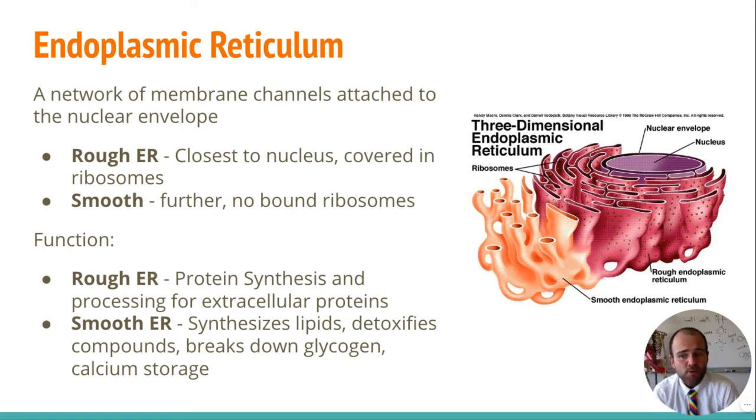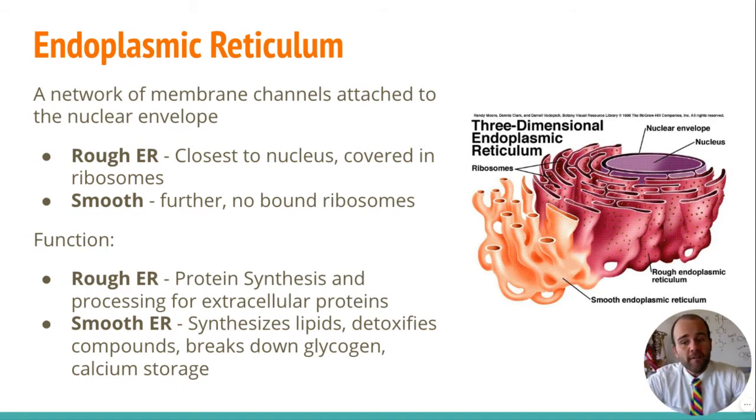And then the smooth ER, which is a little bit further away from the nucleus and has no ribosomes. So it's going to look like a smooth series of tubes and pipes. Now, the function of both of these is to move biomolecules through the cell and process biomolecules, but they're going to work on different things.